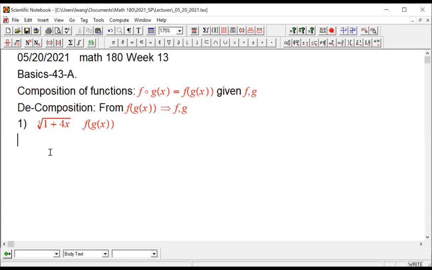My handout is such that I always want to refer back to basic one. So let's see how we decompose it. I'm going to give you an example. It's very easy to do. Don't get stressed out, okay? It's very easy to do.